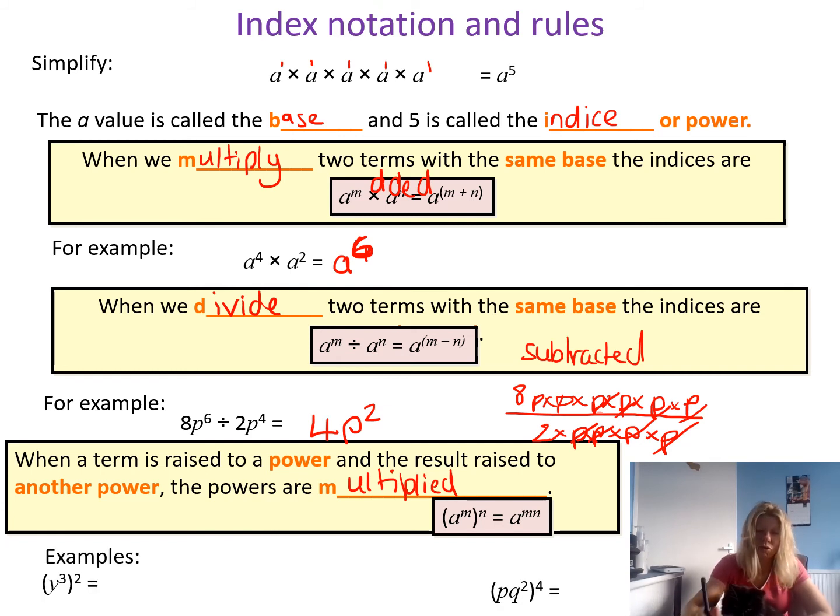Examples. Two examples here. So this one is just y to the, times them together, 6. And this one may be slightly harder. P to the 1 becomes P to the 1 times 4, which is P to the 4. And Q has got a power of 2, so it's 2 times 4 is 8.